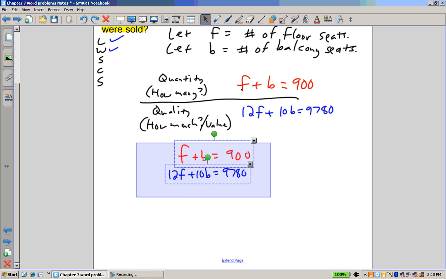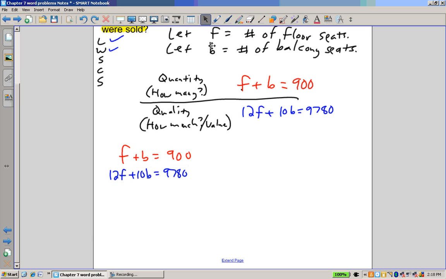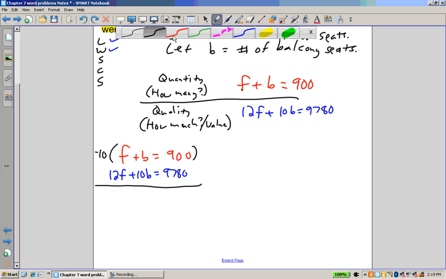To save room, let's move this over to the corner of the paper. If I'm going to use linear combination, I'm probably going to focus on the b. Multiplying by 10 is very easy. So I'm going to multiply the top by negative 10, and that's going to give me opposites on the b. So I'm trying to eliminate the b variable.